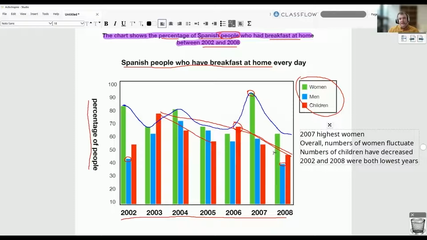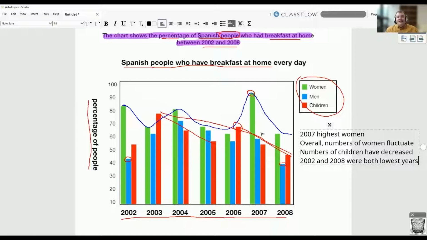So children, I think, have declined, whereas the number of men and women having breakfast outside is fluctuating quite dramatically, but we can't say there's a clear increase over the time from 2002 to 2008, and we can't say that there's a clear decrease. Okay, so that's going to be our overall overview.